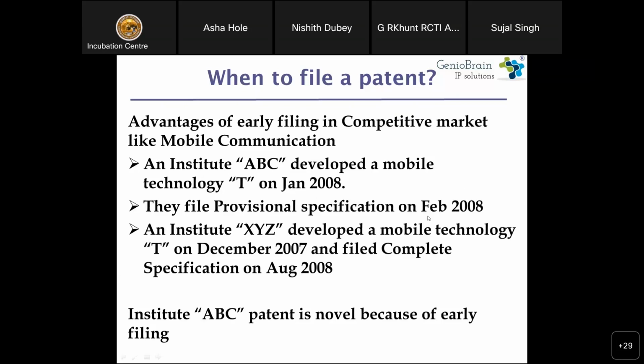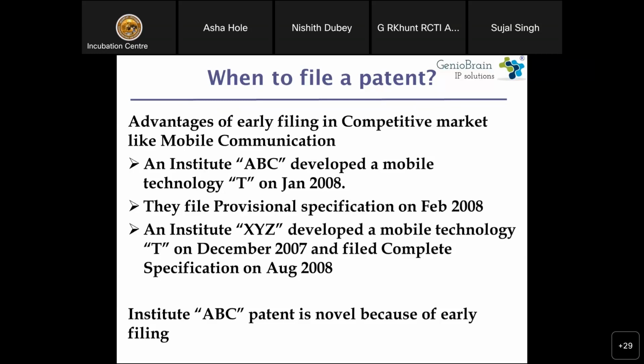In this case it is very difficult for the inventor to prove that they invented this technology before the other company, because the law says first to file. Whoever filed first is the true and first inventor of that invention. This is how the patent law works.